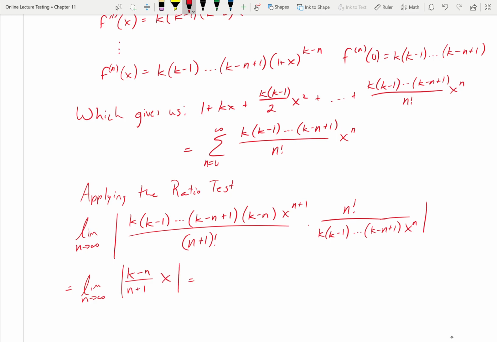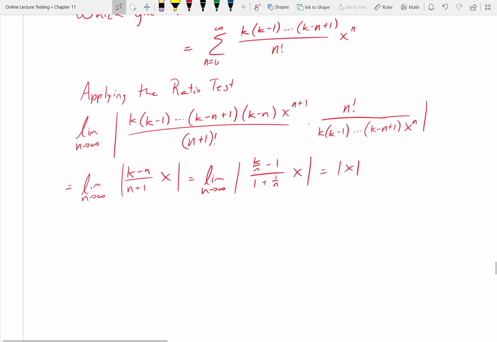Well, that means here k is a fixed value, n is the only thing that's changing. And if we divide all the way through by n, we're going to get k over n minus 1 divided by 1 plus 1 over n, x, which is just going to give us the absolute value of x in the end.